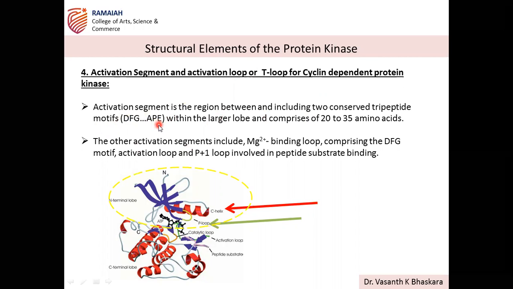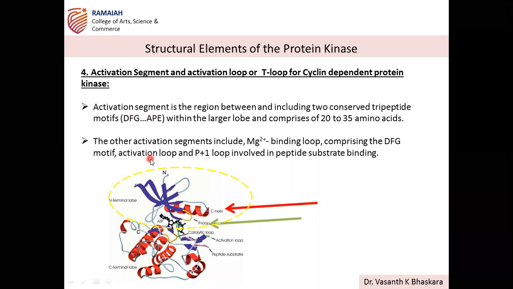This is our motif. So within the larger lobe, this is the larger lobe, right? Within this, these moieties are present, and it consists of about 20 to 35 amino acids. So the conserved tripeptide motifs, about 20 to 35 amino acids in total length, form this T loop.